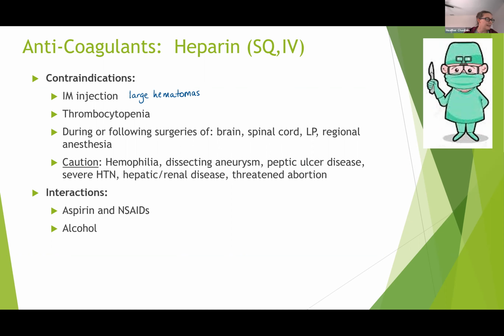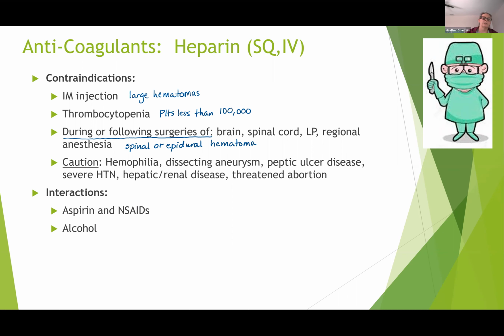Contraindications would also be if they already have thrombocytopenia, and that would be platelets less than 100,000. So if they already have thrombocytopenia, you do not want to give heparin. You do not want to give it during or following surgeries of the brain, spinal cord, lumbar puncture, regional anesthesia, because it can cause a spinal or epidural hematoma.